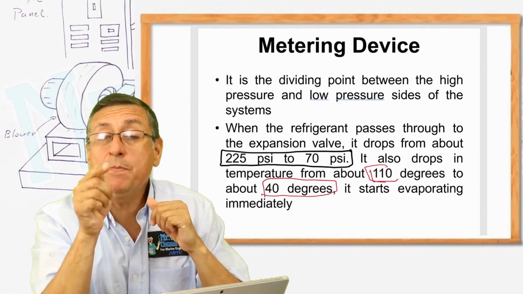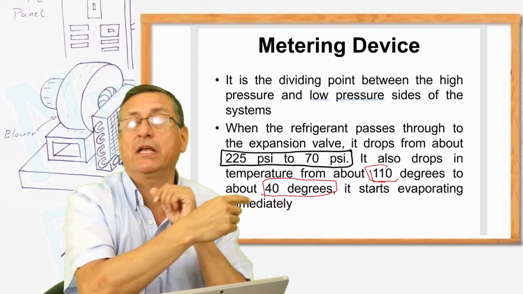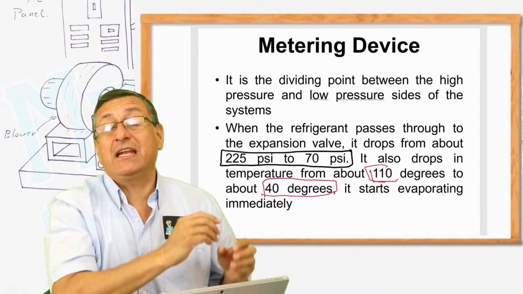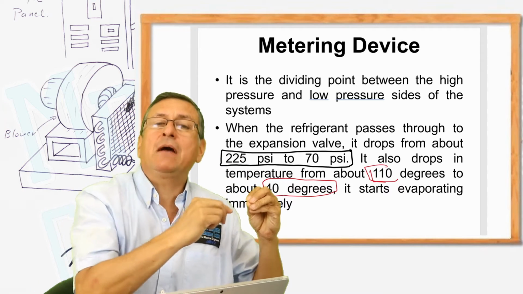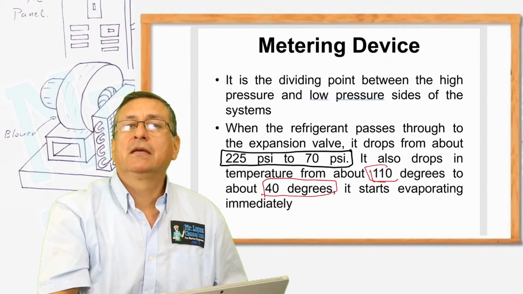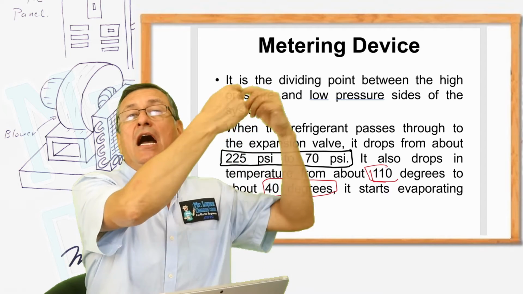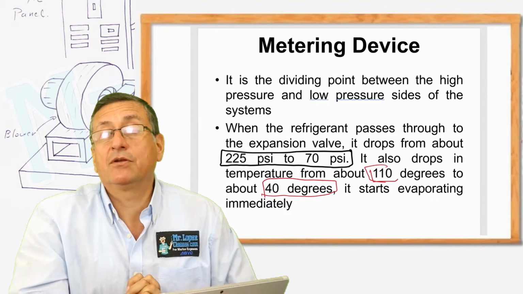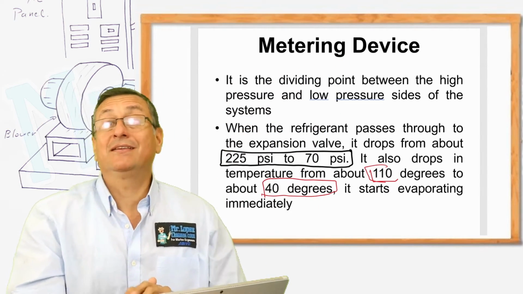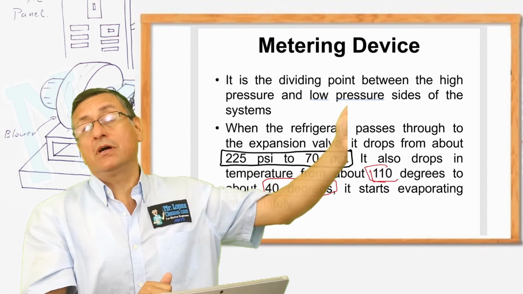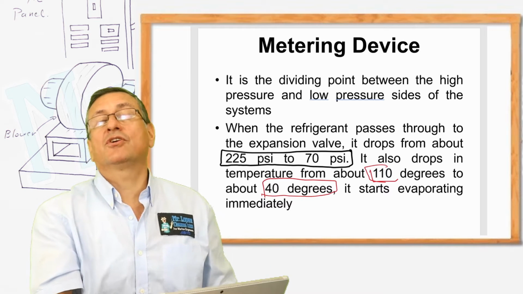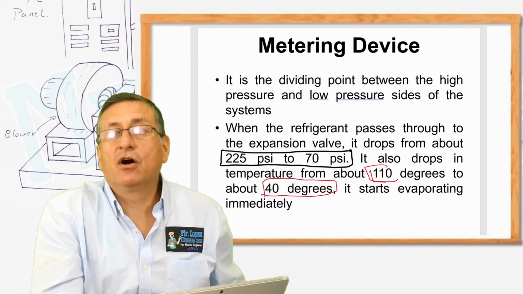At the input of the refrigerant in the evaporator, at the bottom, the refrigerant starts to boil and becomes vapor immediately. And at the output of the evaporator coil, this is the inside coil, it is completely vapor and enters the suction side or input side of the compressor.